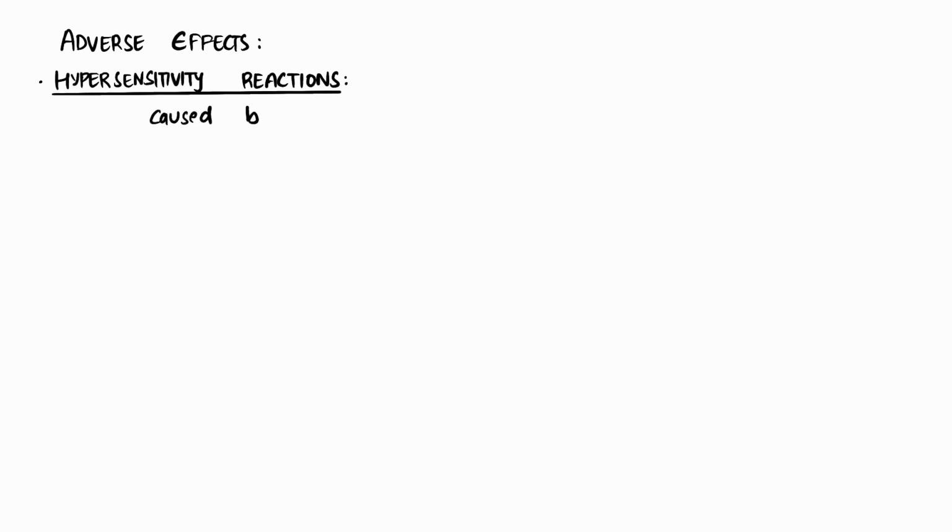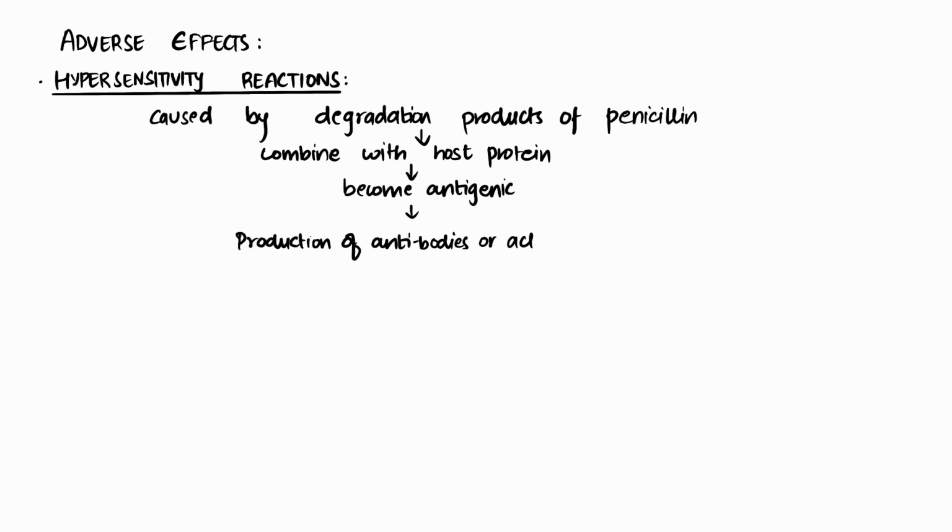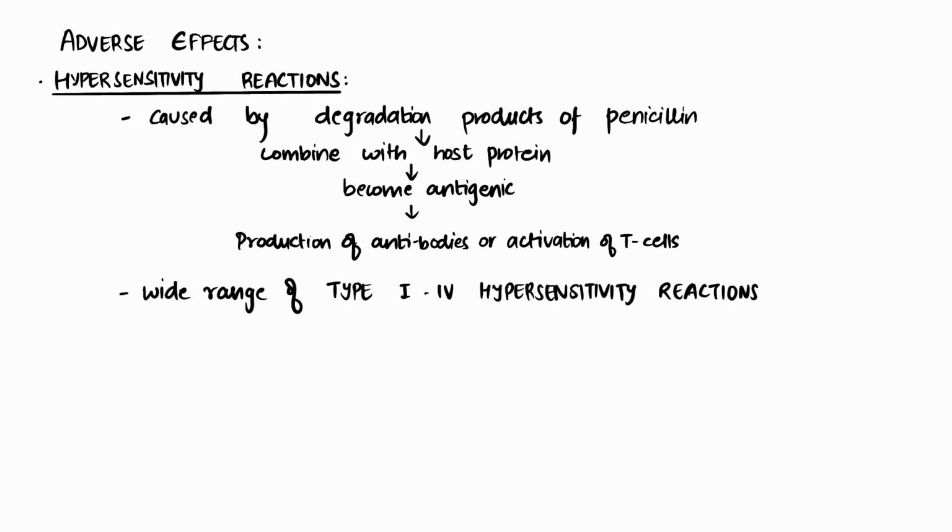Now, coming to adverse effects, penicillins are very notorious for causing hypersensitivity reactions. They are caused by the degradation products of penicillin, which combine with the host protein and become antigenic. This may result in the production of antibodies or activation of T cells. There's a wide range of type 1 to type 4 hypersensitivity reactions that can occur with penicillins.